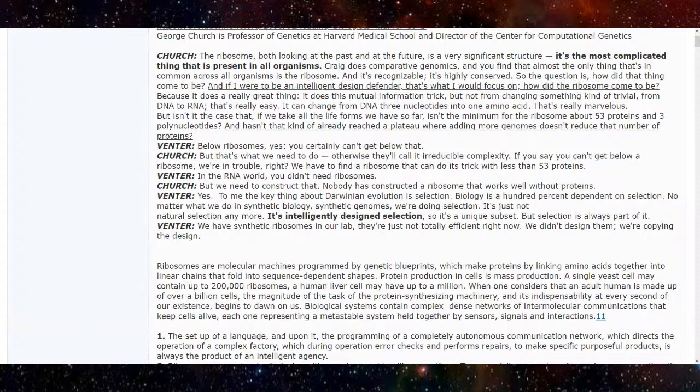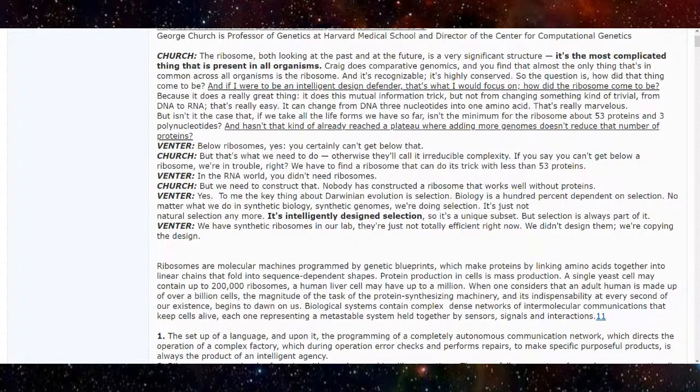It's highly conserved, and so the question is, how did that thing come to be? And if I were to be an intelligent design defender, that's what I would focus on. How did the ribosome come to be?